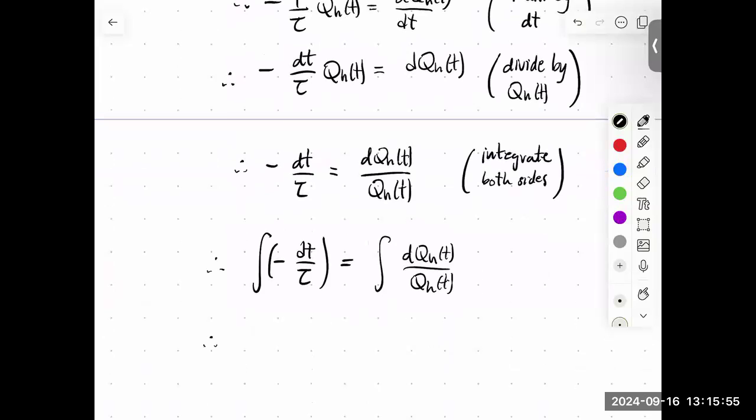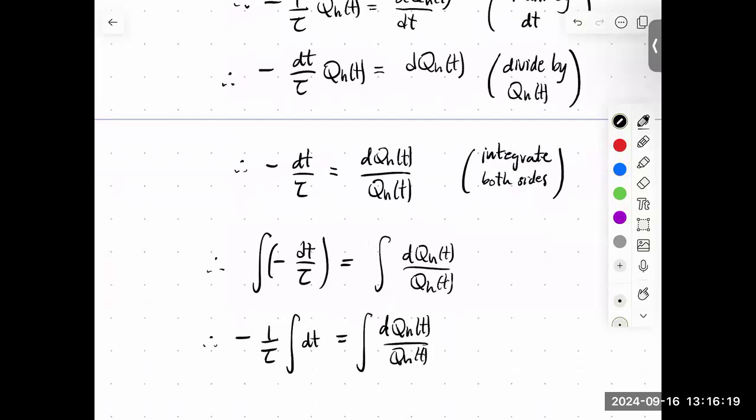We'll do a little baby step here. The tau is just RC. Those are just constants. Constants we can take outside the integral. I can also take the minus sign outside. So we have minus 1 over tau, the integral of dt is equal to the integral of dQH divided by QH.